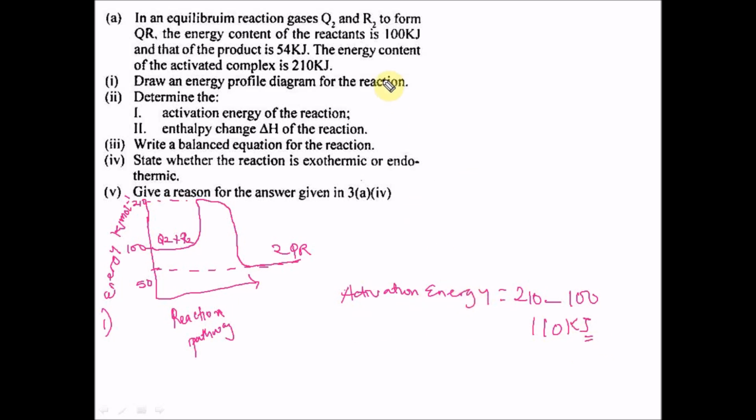Activation energy is the energy content of the activated complex, that's 110, minus that of the reactant, so you get 110 kilojoule. Part II asks what the enthalpy change is. Enthalpy change, delta H, is the heat of formation of the product minus the heat of formation of the reactant.